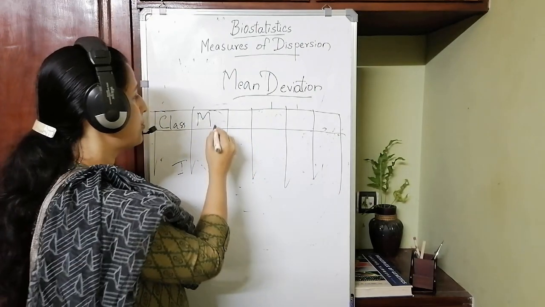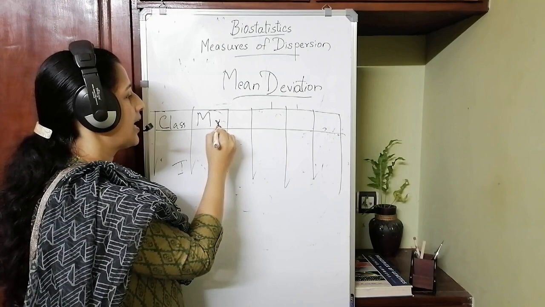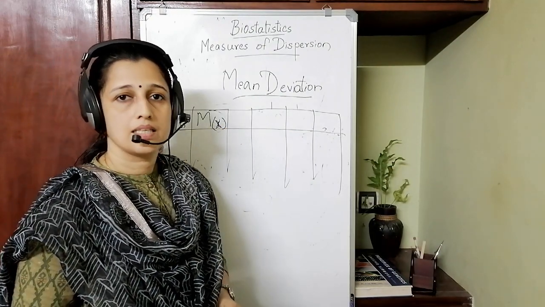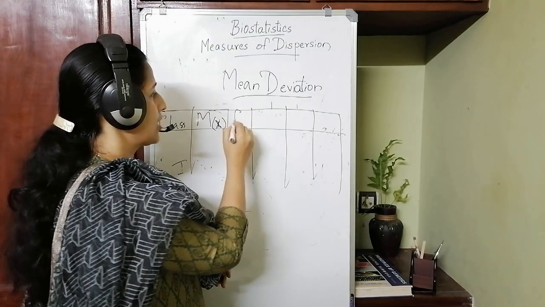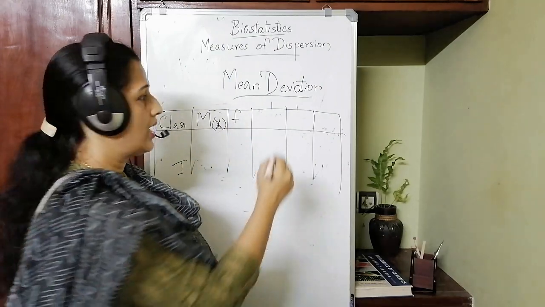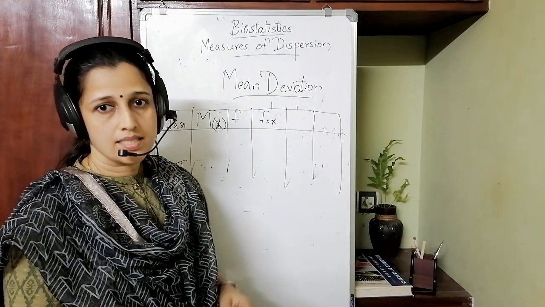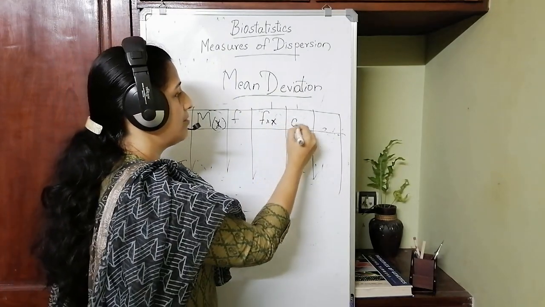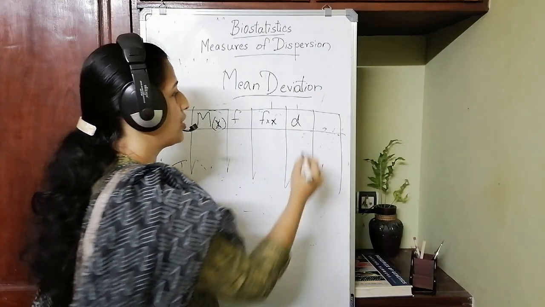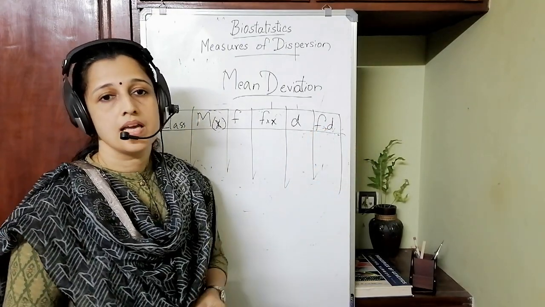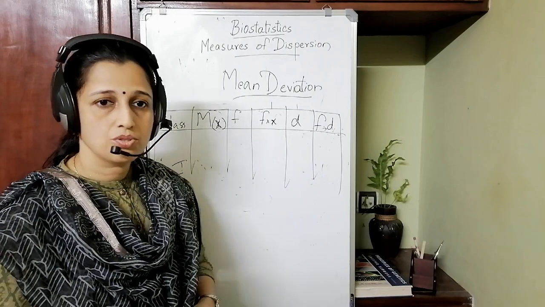You have to calculate the midpoint, and the value of the midpoint is taken as x. Then frequency f, then f into x, then you calculate the deviation, then f into d. These are the 6 columns.